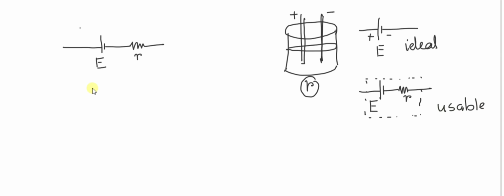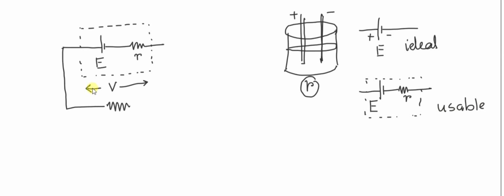We can take this as a package, and we can say this set is the cell, and this gives you the potential drop across the two electrodes of the cell, and that is V. Now if I connect an external resistance capital R like this, then the current coming out from the cell passes through this external resistance, and after that it also passes through the internal resistance, and enters the negative terminal of the battery.